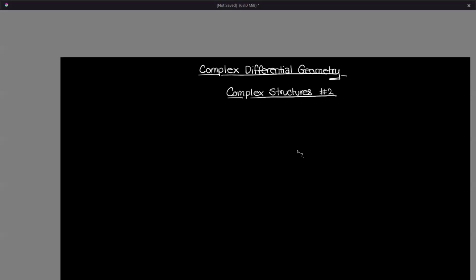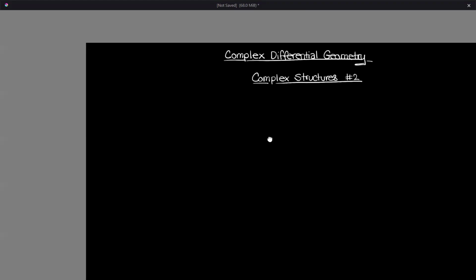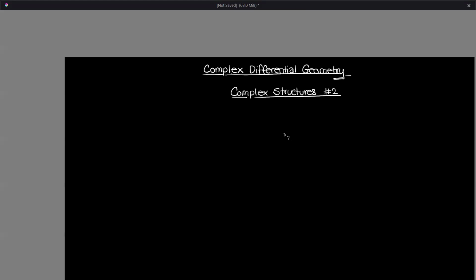Hello everyone. We're again talking about complex differential geometry. Last time we started talking about complex structures on complex vector spaces, and complex vector spaces are related to the complex manifold.